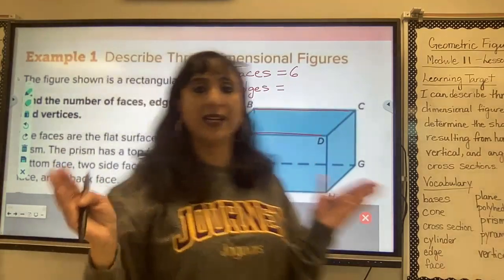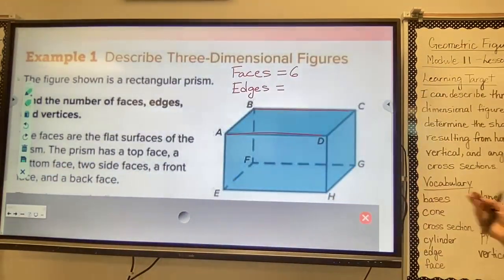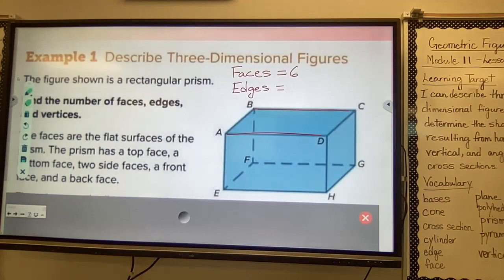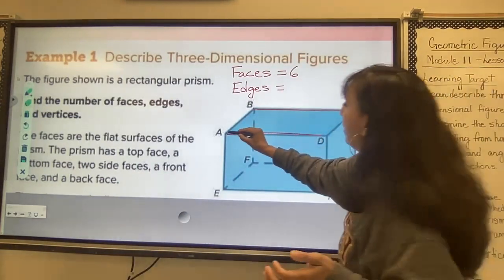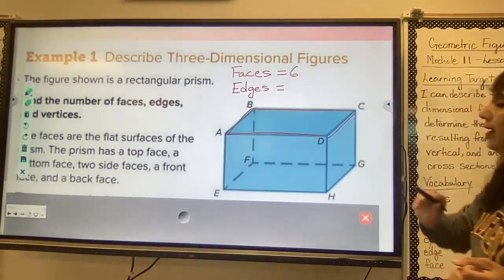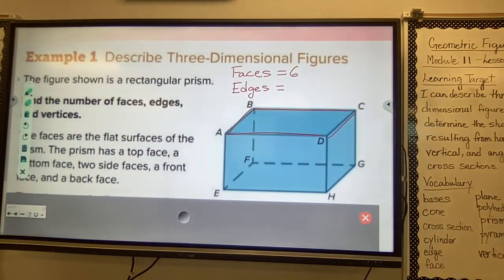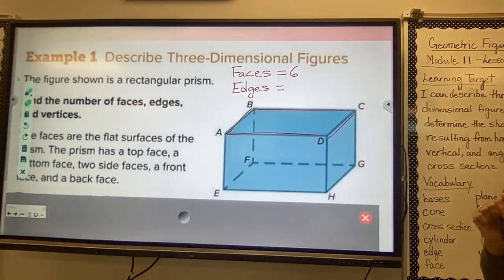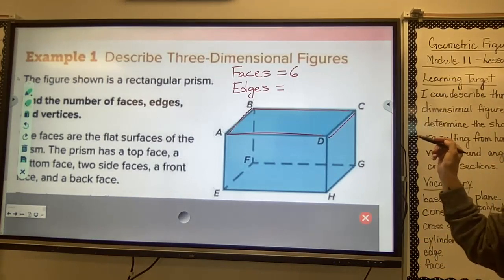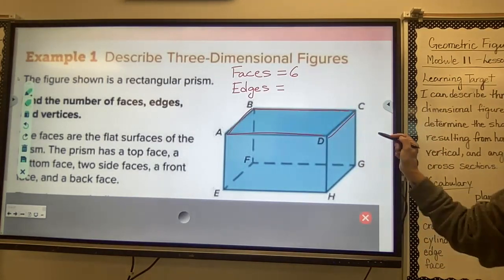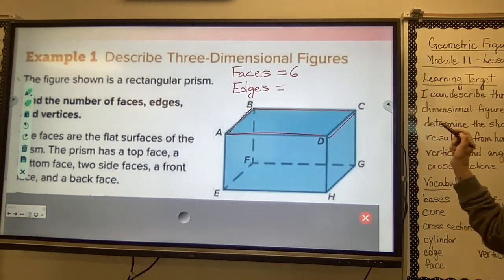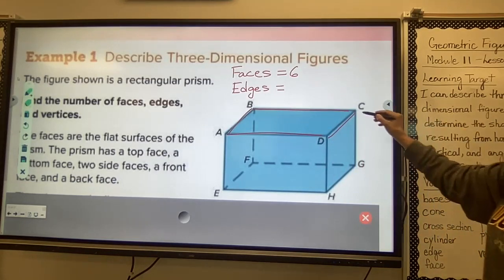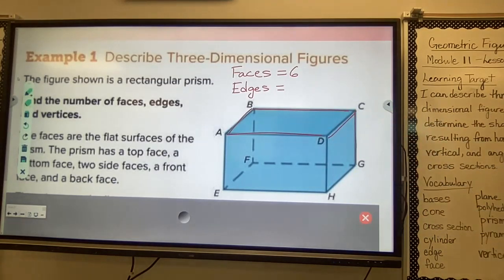So every line segment that is connected. All right. So we have AB. We also have these. These are all line segments, right? So we have AB. All right. We have BC. We have CD, and we have AD. Then we have CG. Okay.